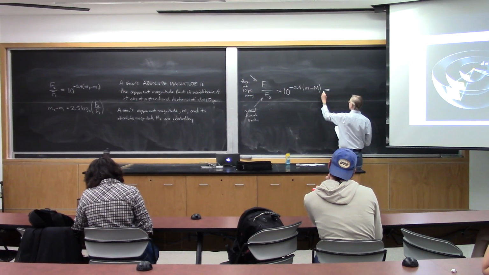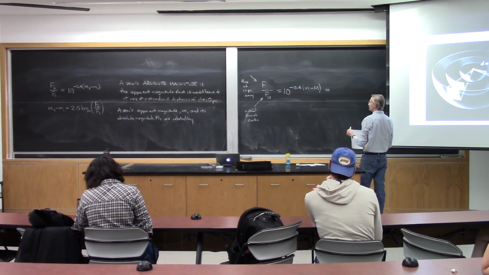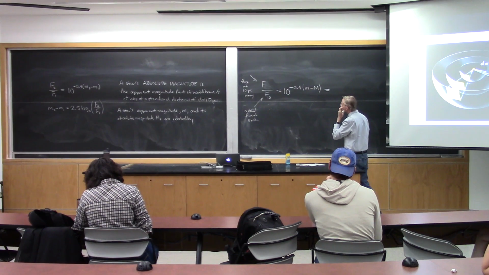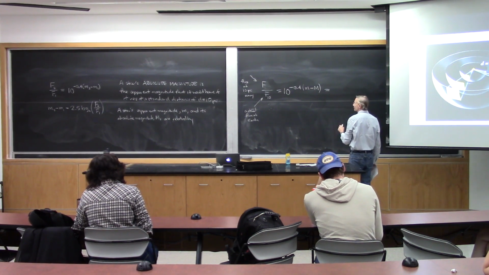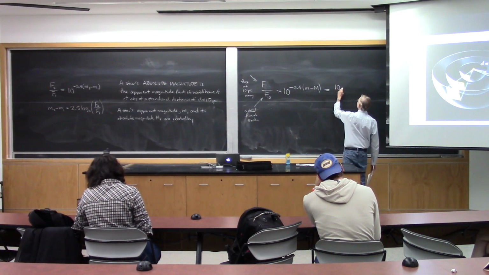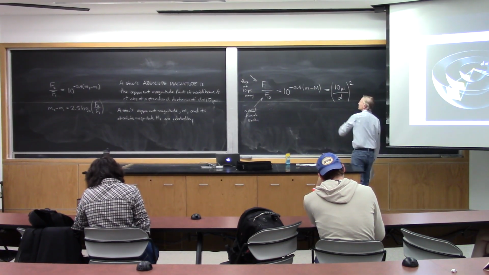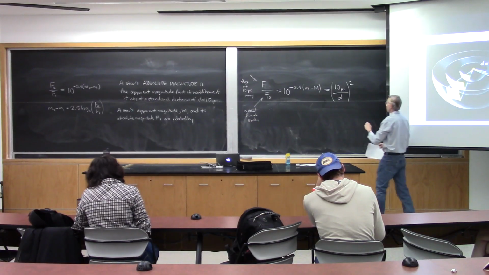And this will be equal to, from the inverse square law, 10 parsecs divided by the actual distance to the star squared.